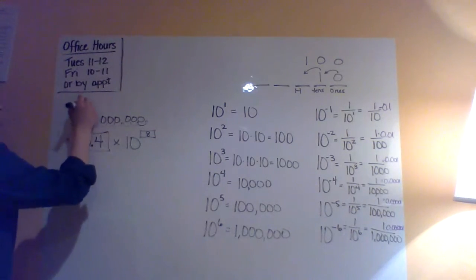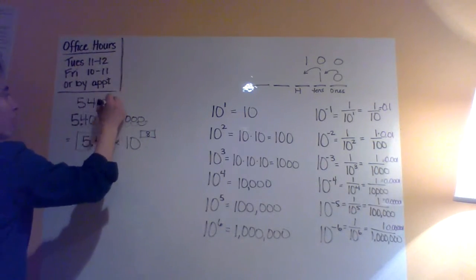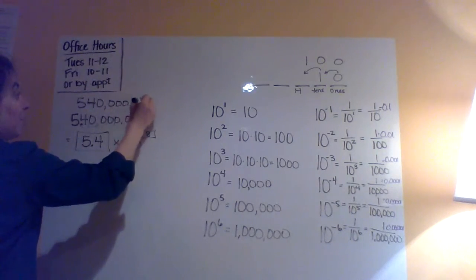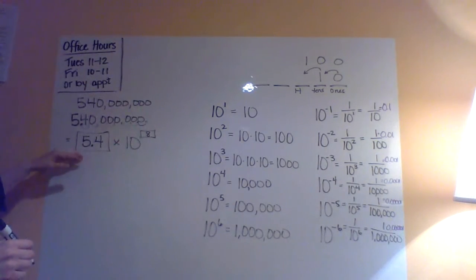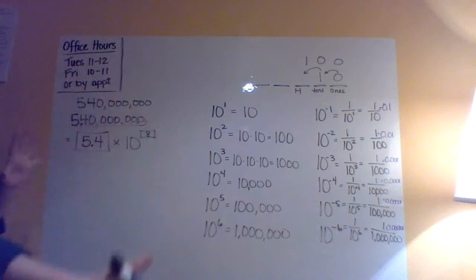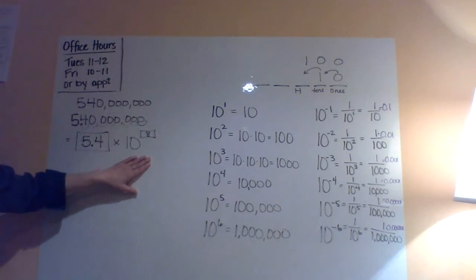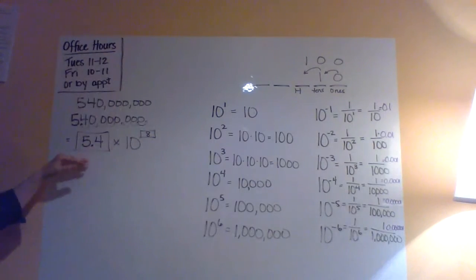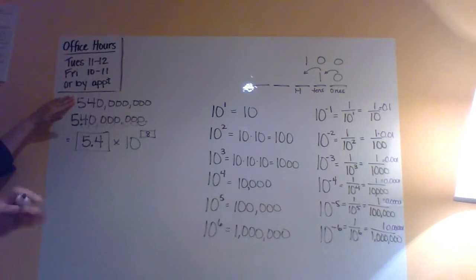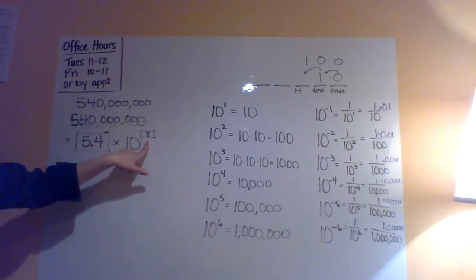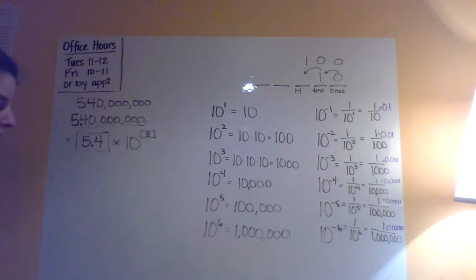My 540 million, that's a big number, right? So 5 has to get multiplied by something big to make this big number. 10 to the 8th power is going to be 100 million. So 5 times 100 million would be 500 million. And then this little 0.4 gives me the rest. So if your number in standard notation, regular old number, is bigger than 1, then your exponent's going to be positive. Let's look at the next one.